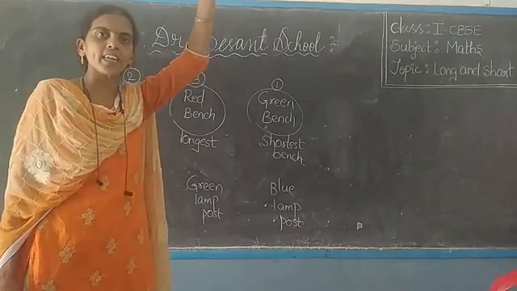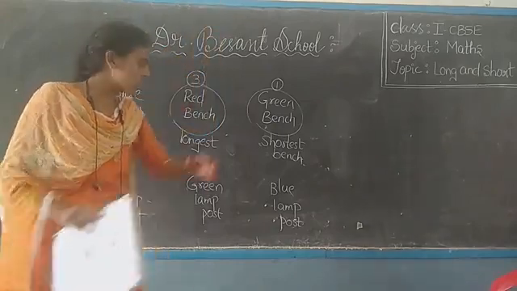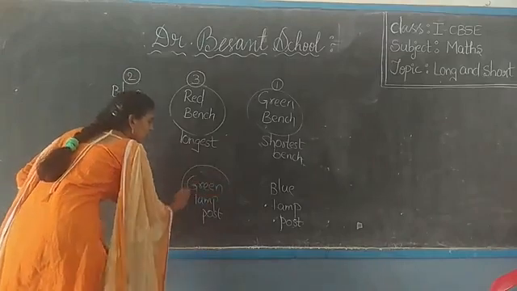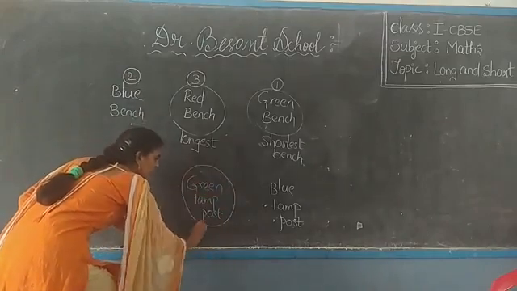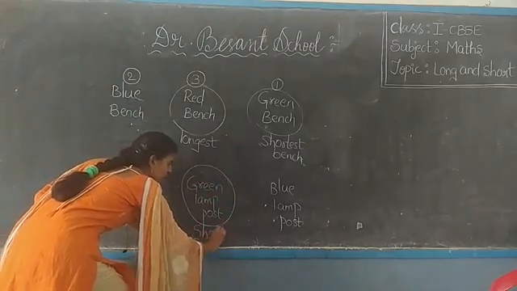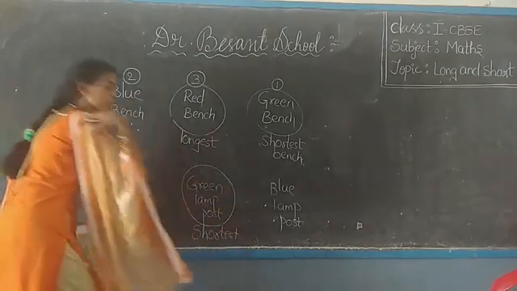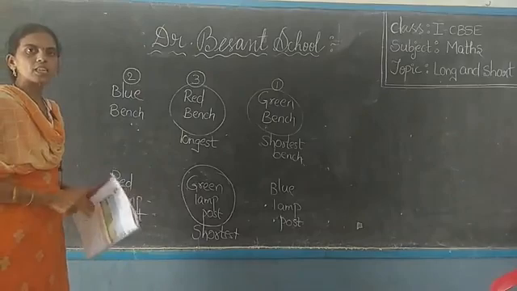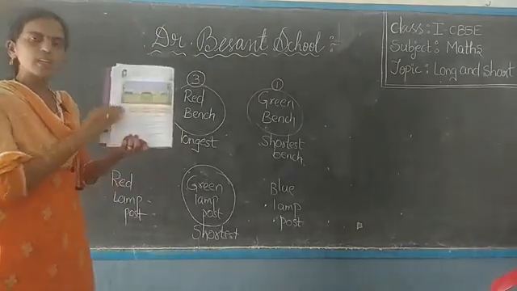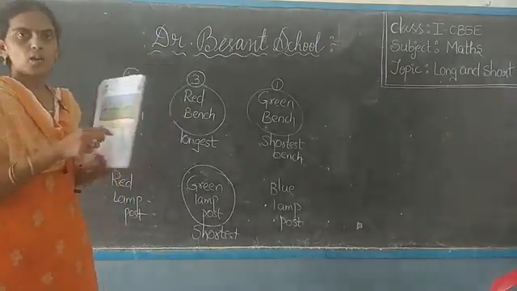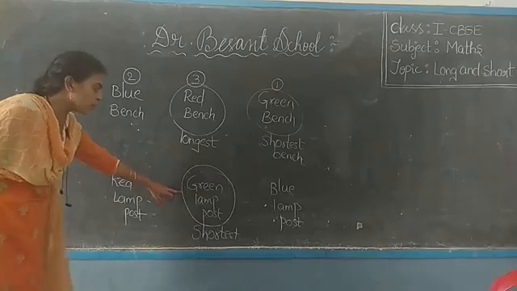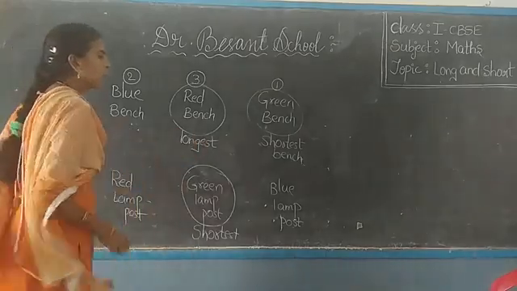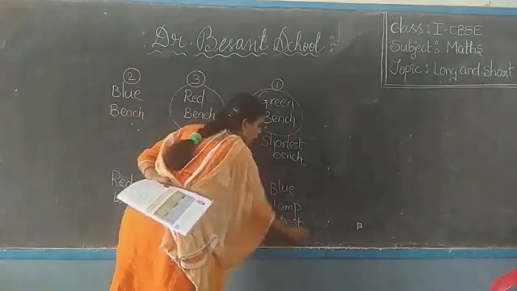Observe the heights. If you observe the heights, you can easily say that green lamp post is the shortest lamp post. So after all these conclusions, we can easily answer these blanks. Okay children? So green lamp post is the shortest lamp post and blue lamp post is the tallest.